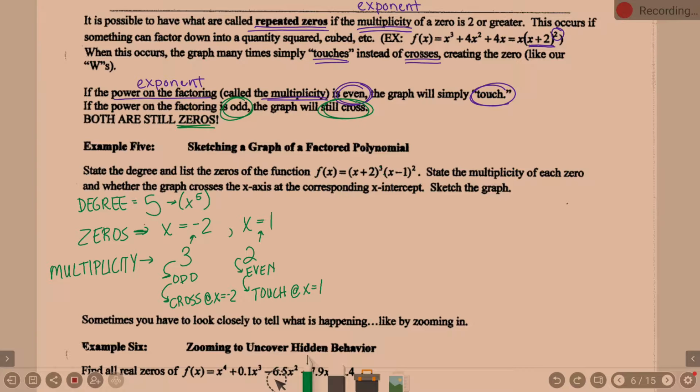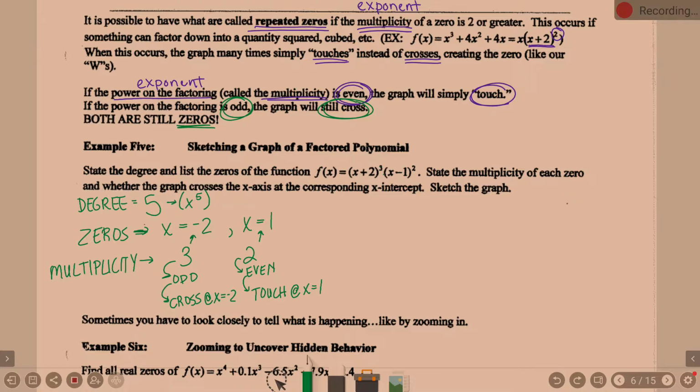Now, I said I wanted to do this without looking at the calculator, right? So there's a little bit more information we can get here based on end behavior. We talked about end behavior a little bit yesterday, and like in Algebra 2, how we used up, up, down, down, up, down, down, up.